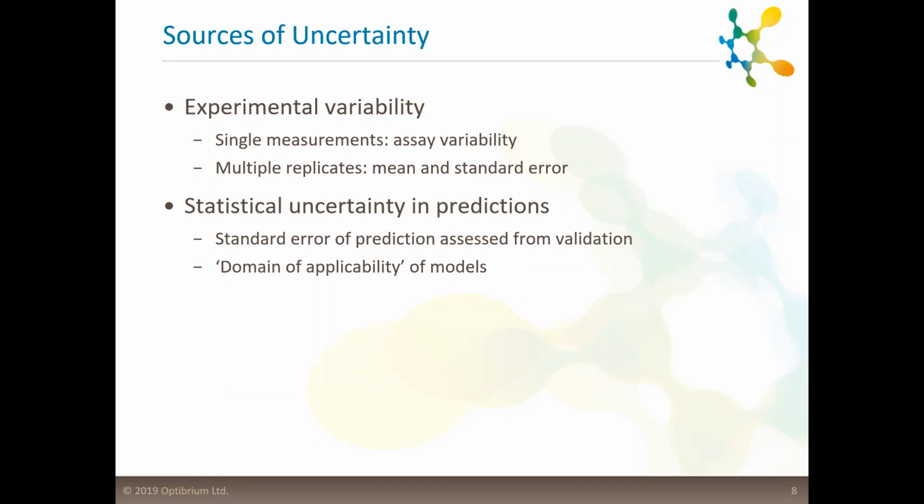And this is the chemical space to which we can apply that model. So if a model is very general, if it has taken into account a wide range of compounds, then we can perhaps be more confident in throwing it at any compound, whereas local models have a smaller domain of applicability to which they can be applied.